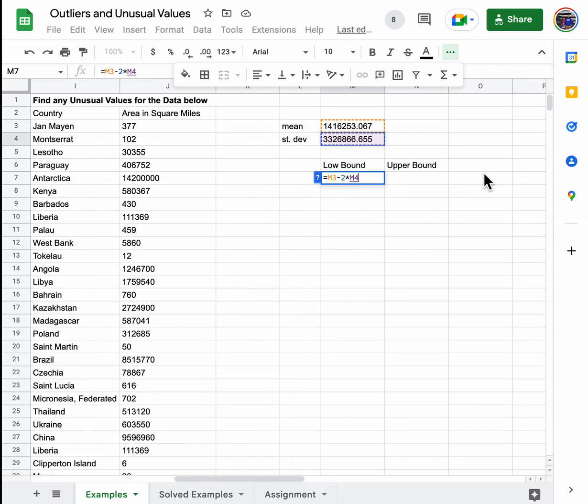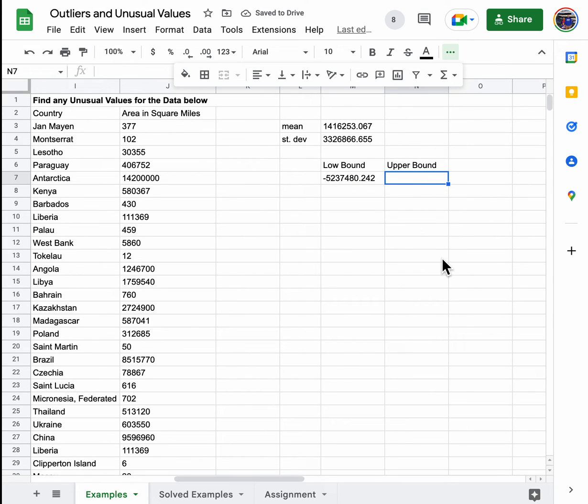As long as your row and column references, the M3 and the M4, point to where that information is, you'll get the right number. So I'm going to hit enter. And now I have my low bound.